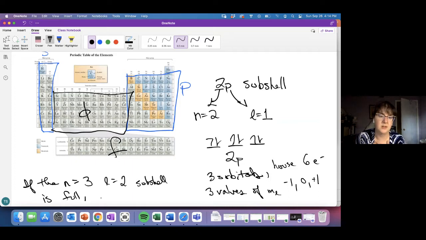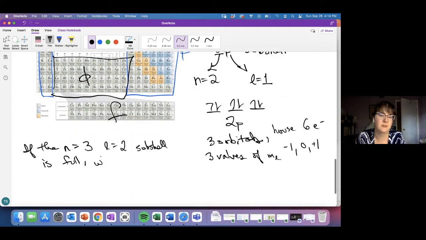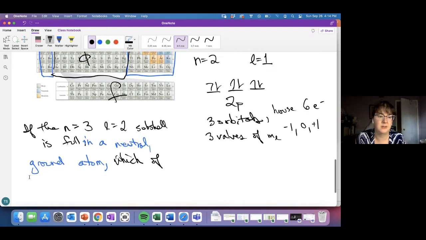is full, which of the following, oh, sorry, I need that phrase that I mentioned we were going to use a fair amount. Full in a neutral ground state atom. Which of the following atoms might this be?